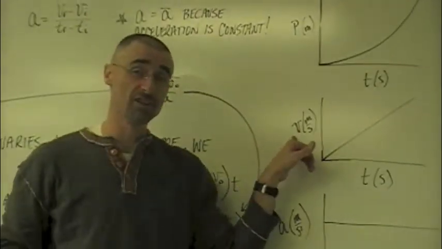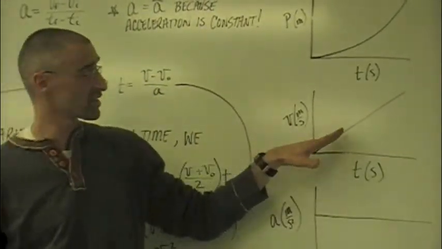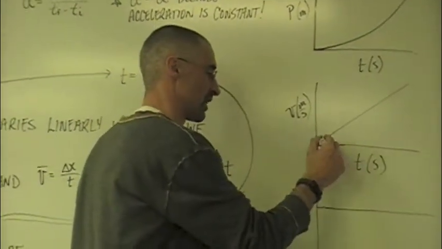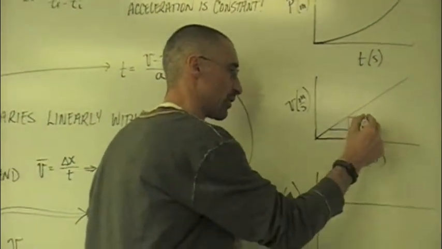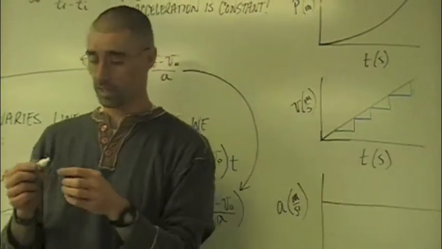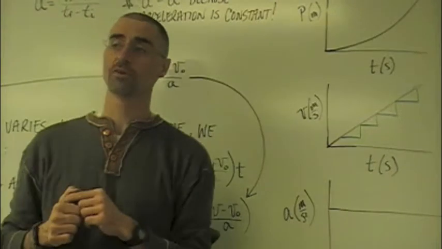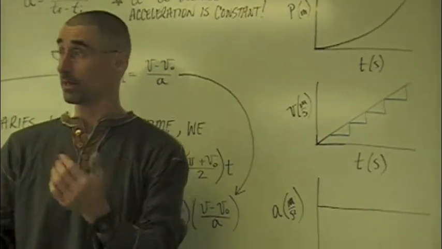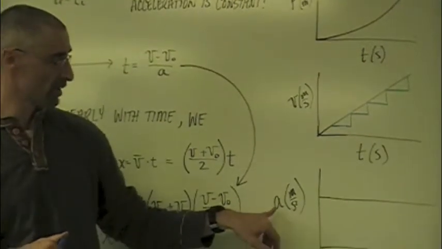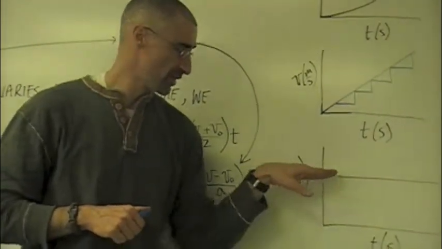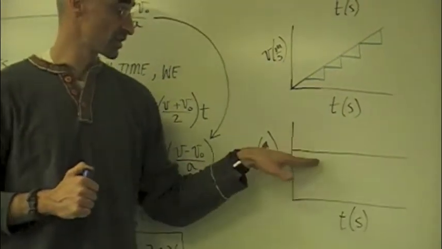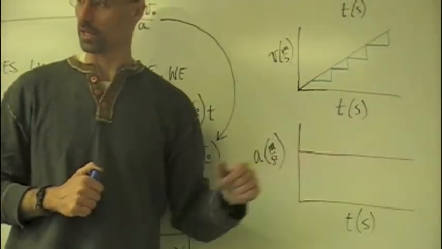Now, this velocity versus time, because it's linear, means that every second that goes by, your velocity is getting bigger, but it's getting bigger by a constant amount, which means that you are accelerating at a constant rate. Which, if we come down to our acceleration versus time curve, that should be linear and horizontal because your acceleration is staying the same all the time.